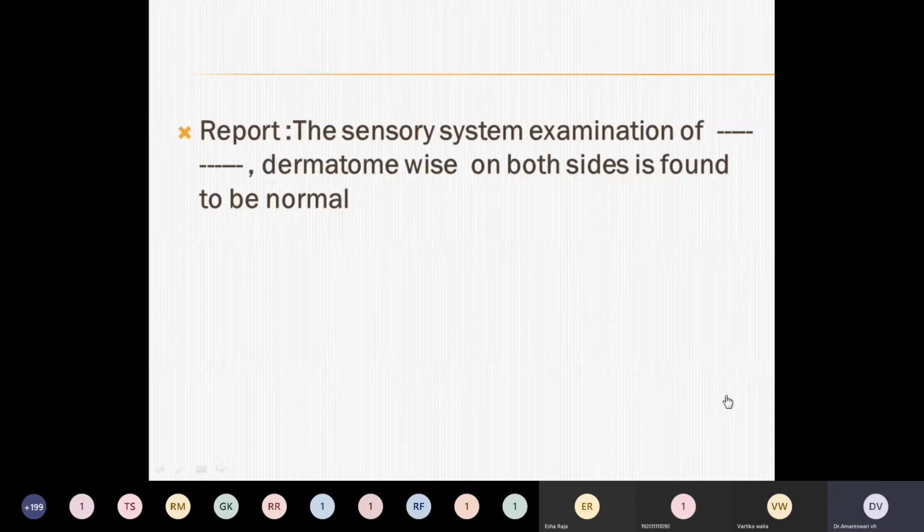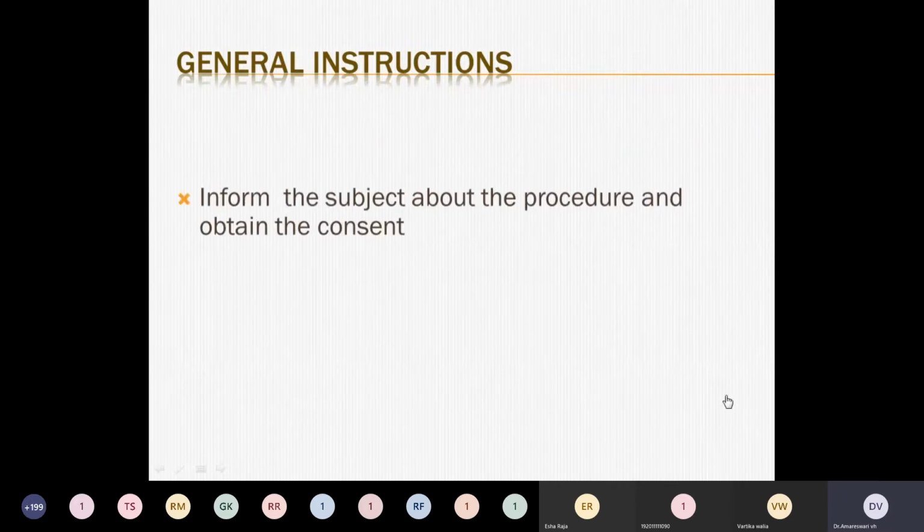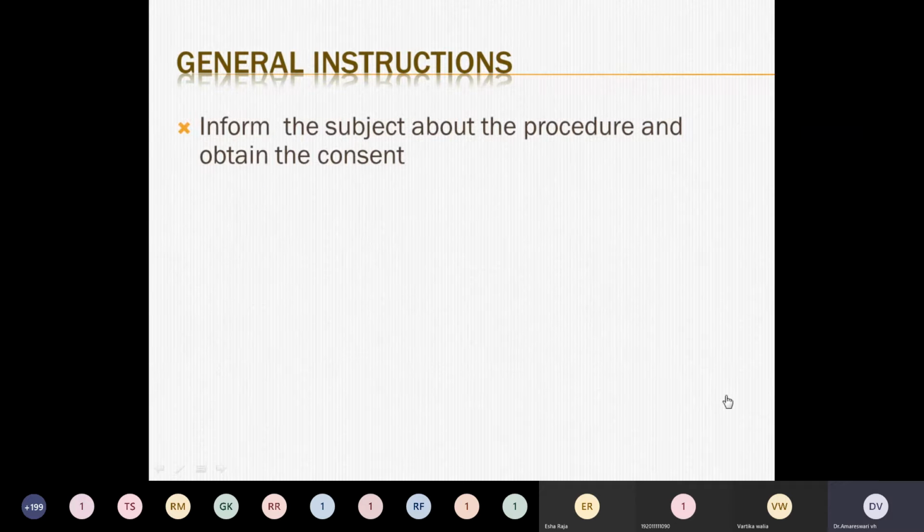So all of you have taken the tabular column and the notes, right? Now I will be moving on to the examination per se. So give the general instructions to the subject. We are going to check the subject.